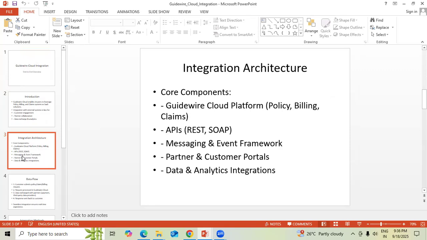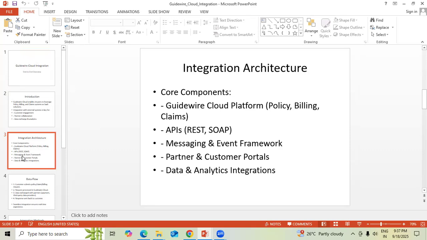We have web APIs, SOAP API, but RESTful API is something that we use. And Simple Object Access Protocol, SOAP, we also use. Learning all these APIs is important when we want to do the integration, learning about SOAP API and RESTful API. So that is what we learn in integration architecture when we are learning Guidewire integration.